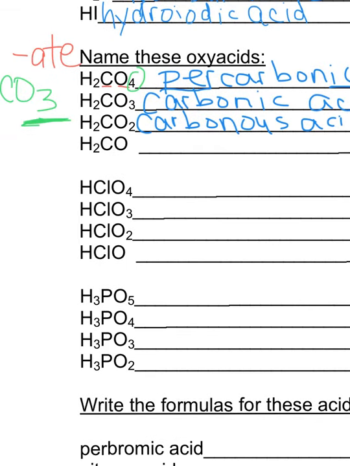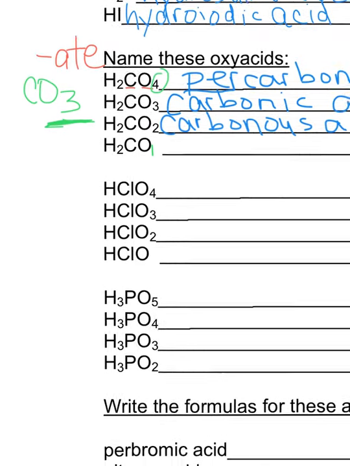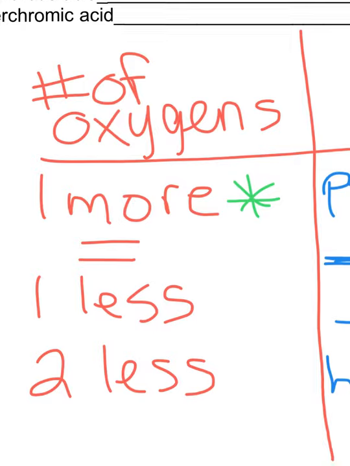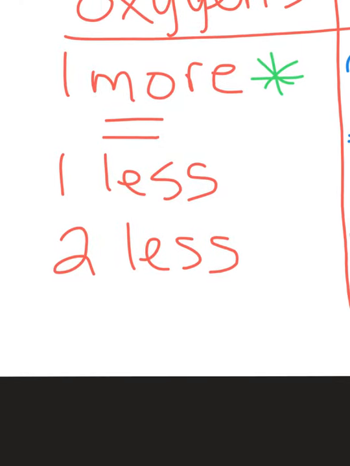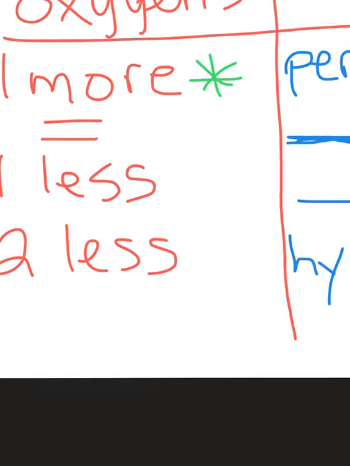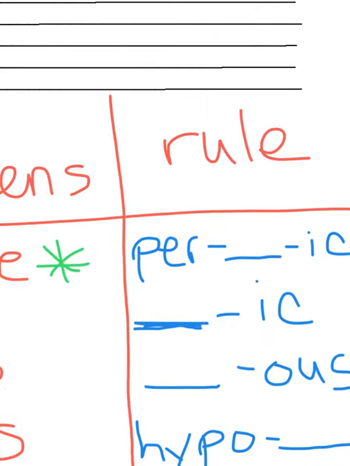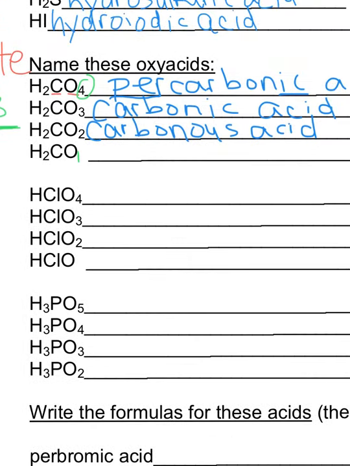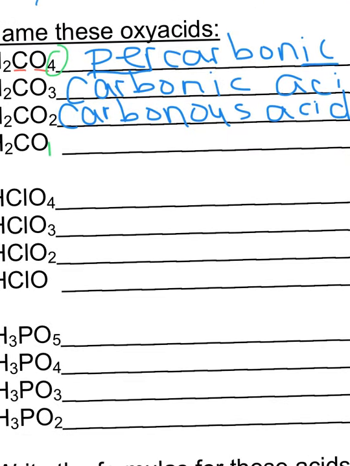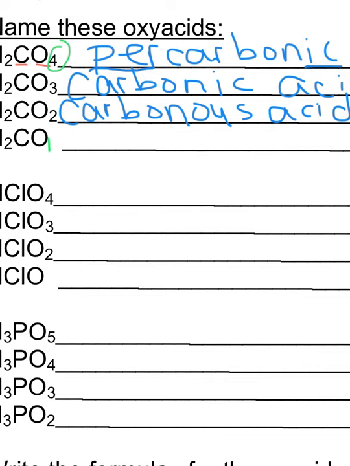Remember, if there's no subscript at the end of the element, it's just understood that there's 1. It's the same thing as having a subscript of 1. So this one has 1 oxygen and our ion has 3. So our formula has 2 less oxygens. So our rule is hypo root then OUS.